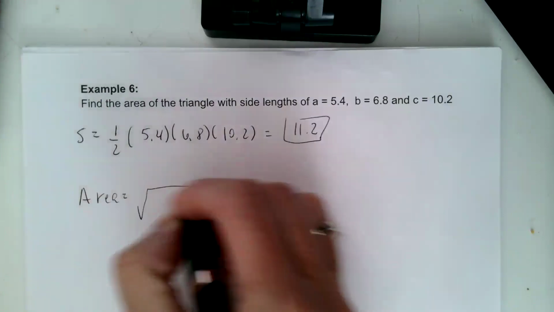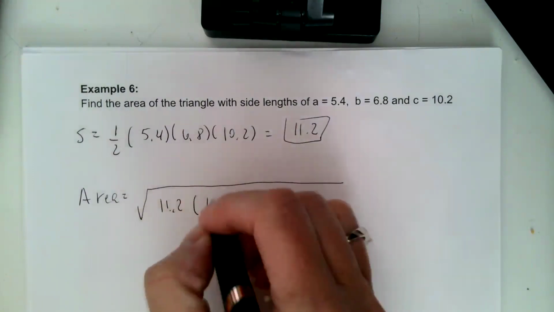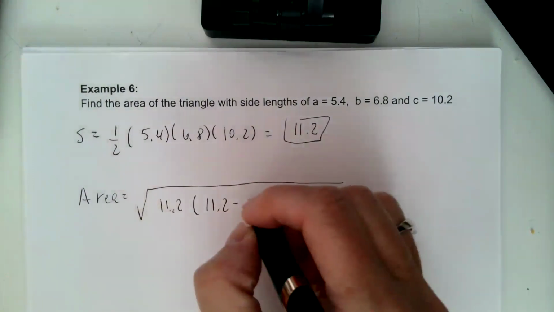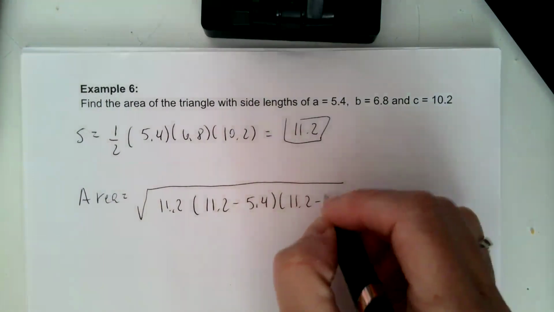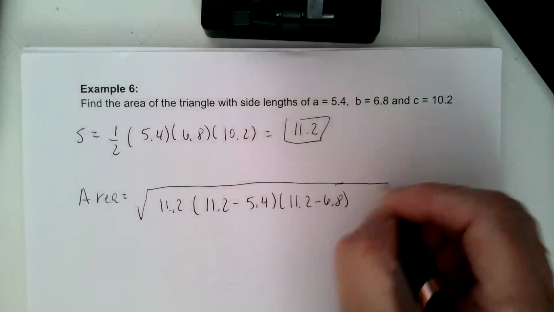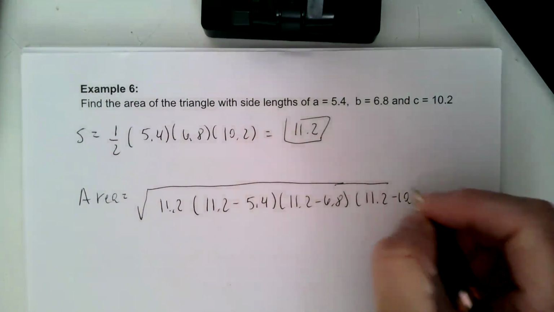And then to find the area, it's the square root of S, and then S minus A, and then S minus B, and then S minus C.